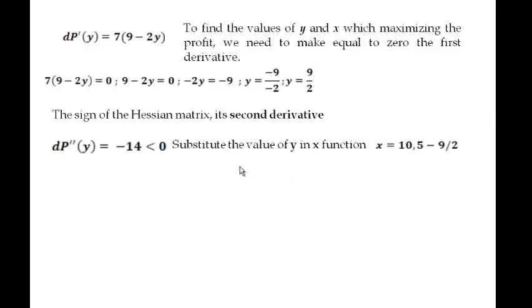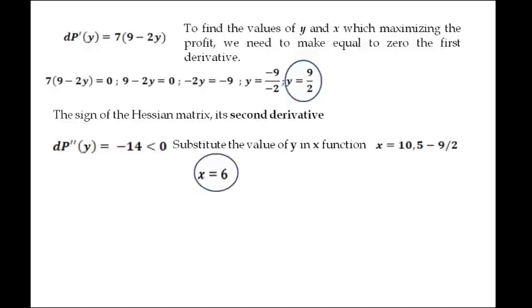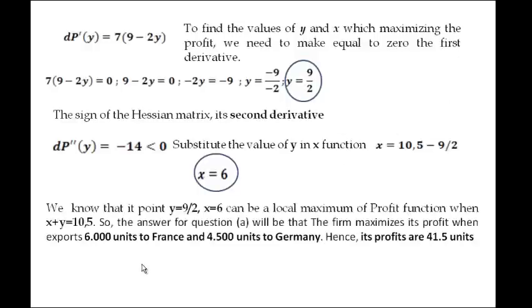Now it's time to substitute the value of y in the x function to obtain the value of x. And this is a point where the function maximizes its profit. We know that the point y equal to 9 divided by 2 and x equal to 6 is a local maximum of the profit function when x plus y equals 10.5.